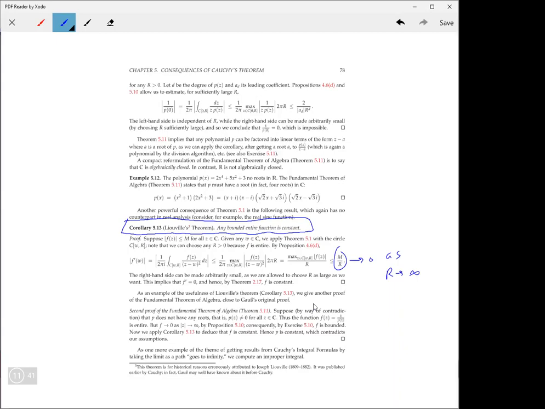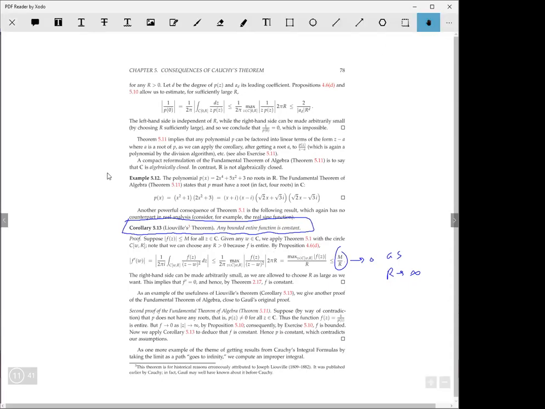So if it's bounded and it's entire, then it has to be a constant function. The constant function is the only function that can do that.